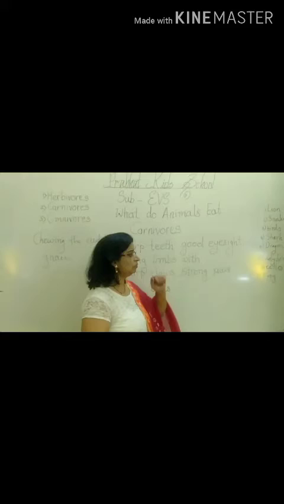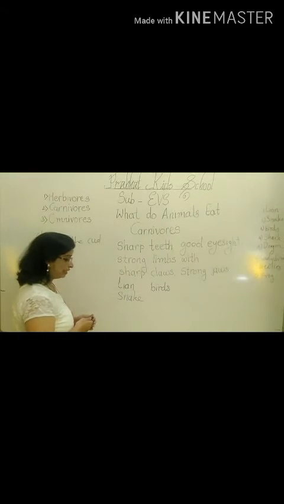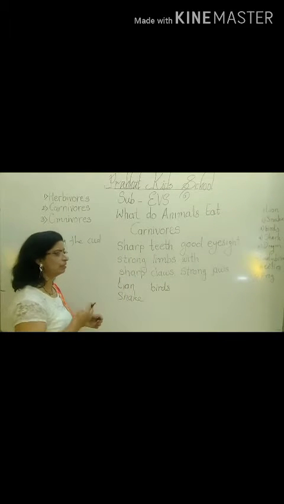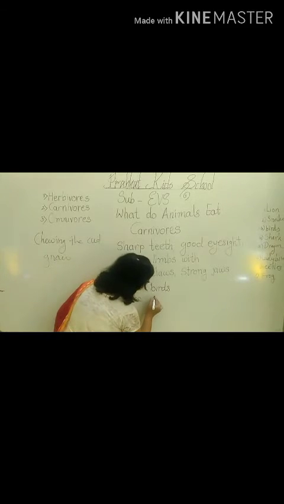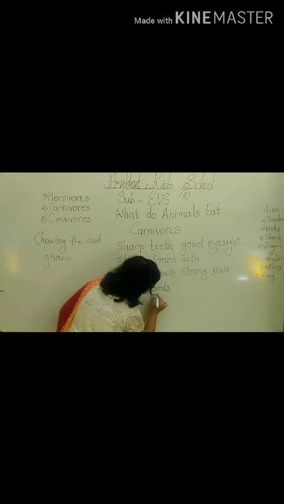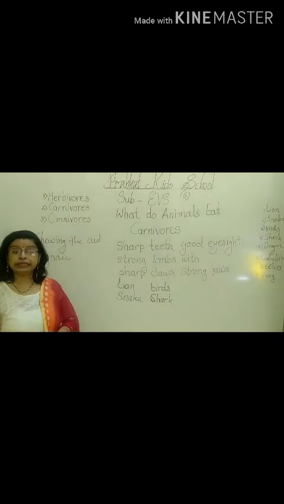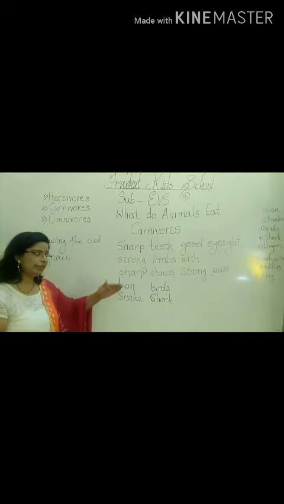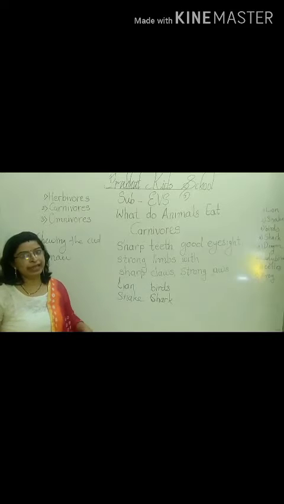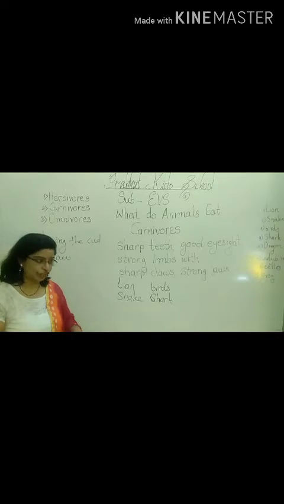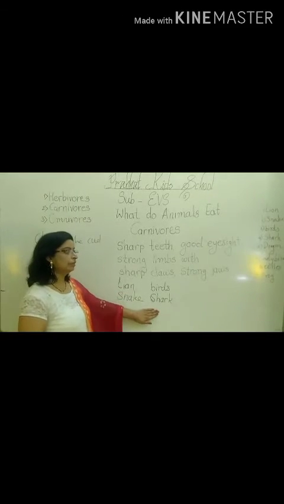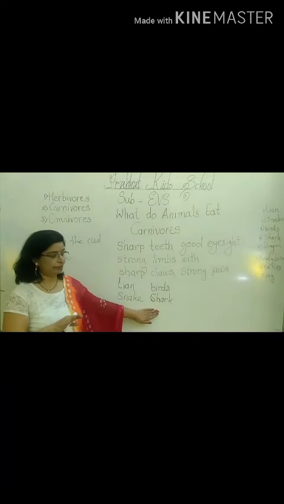Now, some fishes, like shark. Shark is one of the carnivorous. They always live in the water, so they eat water animals. Some small fish they also eat. They also swallow them.